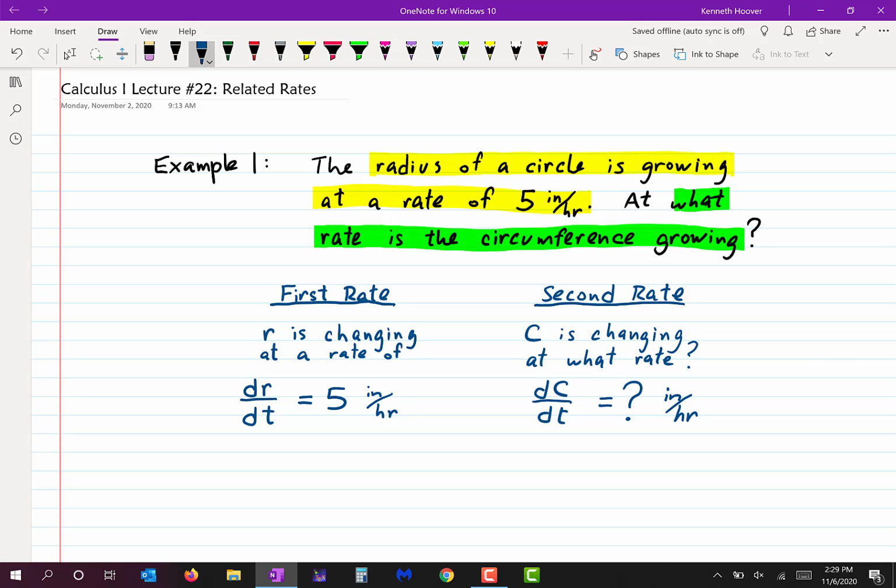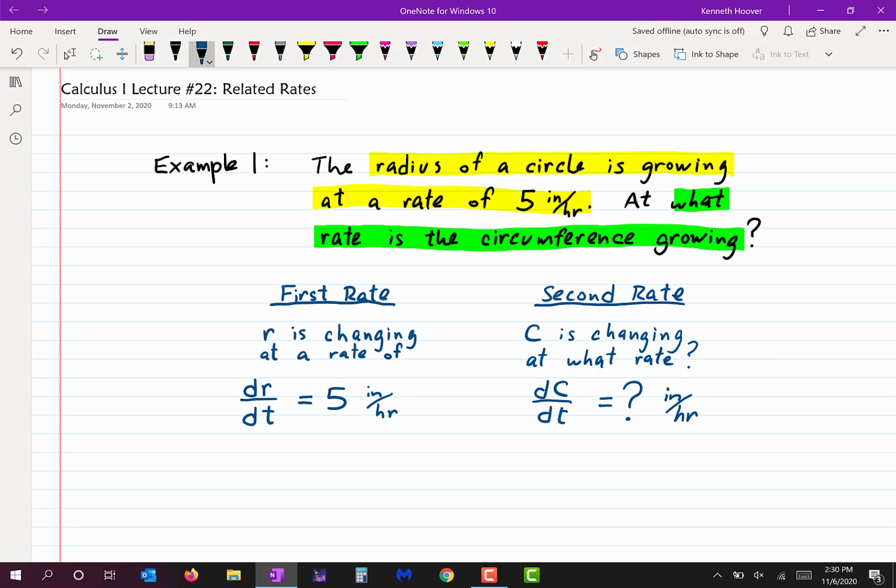Okay, so you write down the rates that are mentioned. They told us one rate, they mentioned another one, and they asked us to find it. The next step is you have to relate these quantities. You have to write down a relationship between R and C. That's the second step.